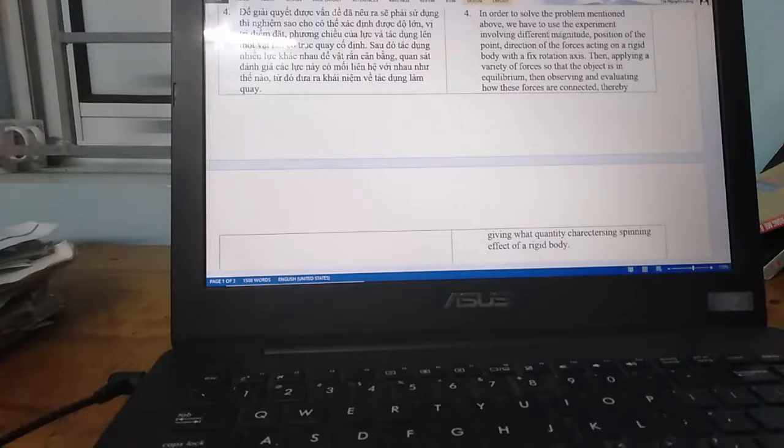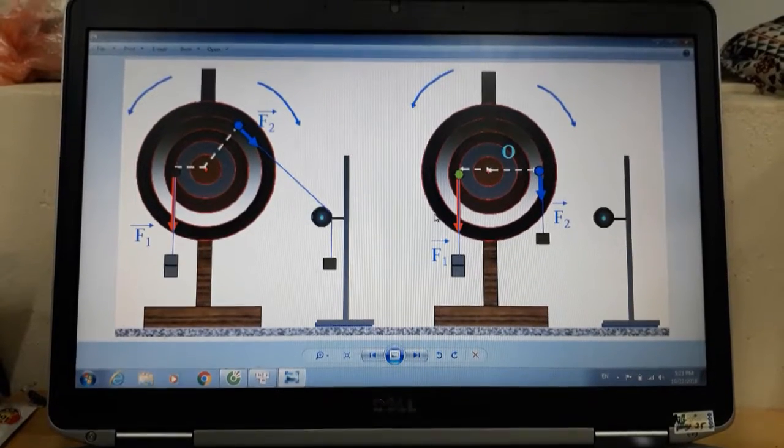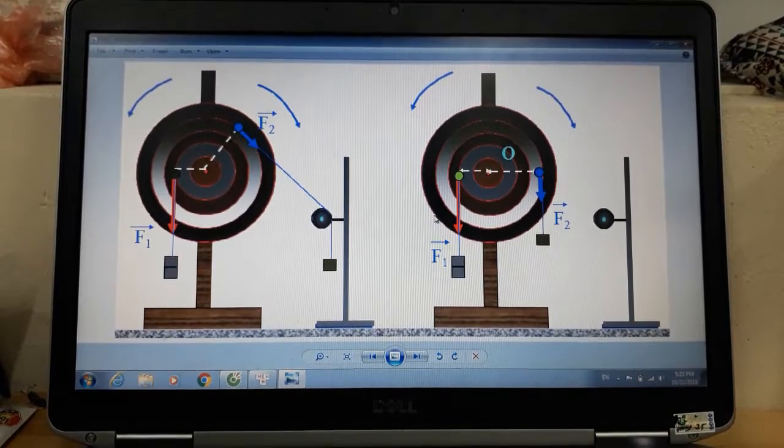On the circular disc in this experiment, we apply a variety of forces so that the object is in equilibrium, then observe and evaluate how these forces are connected, thereby finding what quantity characterizes the spinning effect of a rigid body about a fixed axis.